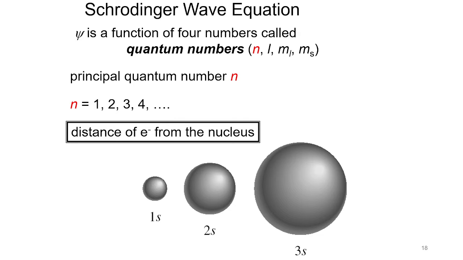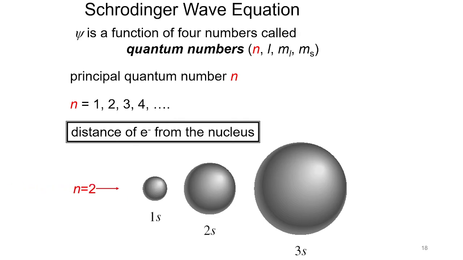So we have here 1s, 2s, and 3s. 1s describes the distance of the volume that is occupied by electrons in the first energy level.